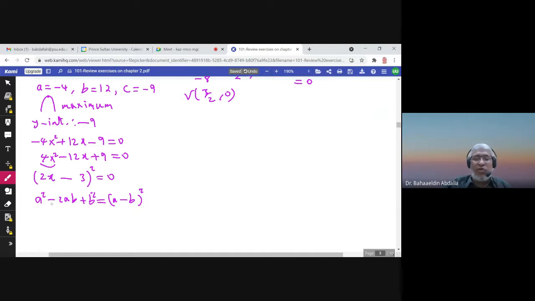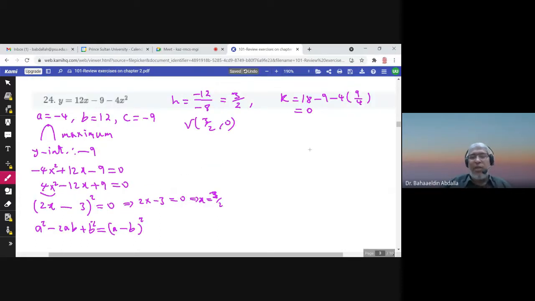You take the square root of a squared and the square root of b squared and multiply a times b times 2. If you get the term in the middle, then these three terms can be written as a perfect square. The only solution of this equation, that 2x minus 3 equals 0, or x is 3 over 2. So that's the only x-intercept.